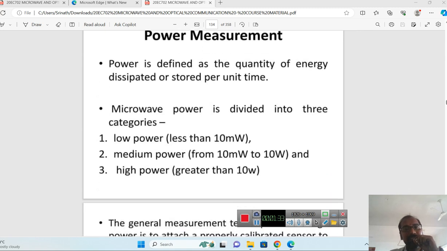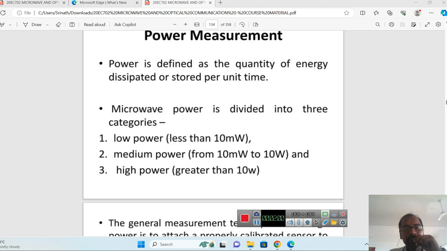Generally, microwave power is defined as the quantity of energy dissipated or stored per unit time. Microwave power is divided into three different categories: low power, medium power, and high power. Low power means less than 10 milliwatts. Medium power means from 10 milliwatts to 10 watts.